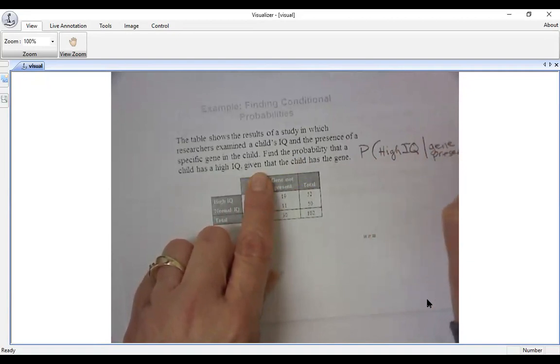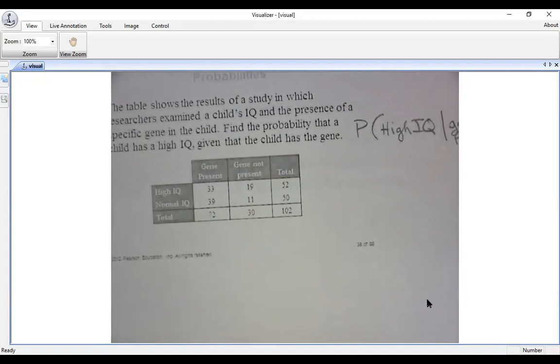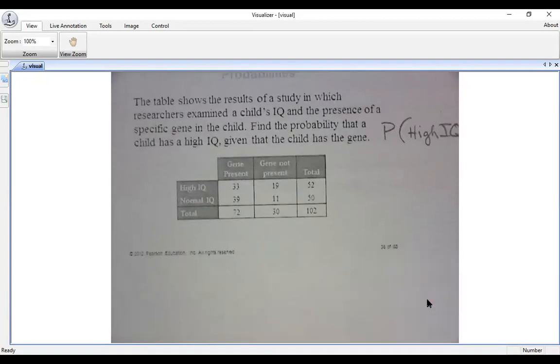Now, this is a little bit different from the one we just did simply because we're given this table, and look how it's set up. You have columns that give you whether the gene is present, whether the gene is not present, and then you've got totals. Your rows are high IQ, normal IQ, and then totals.